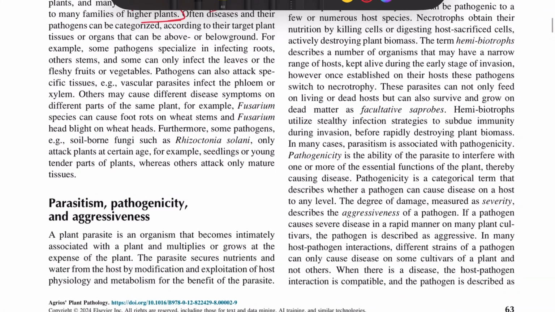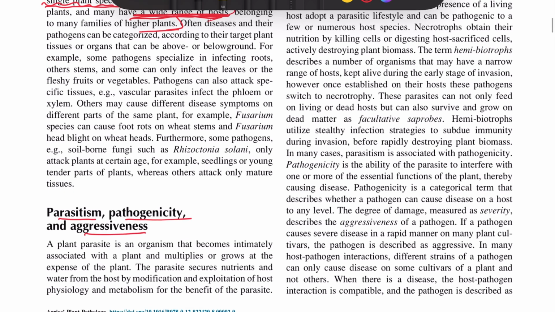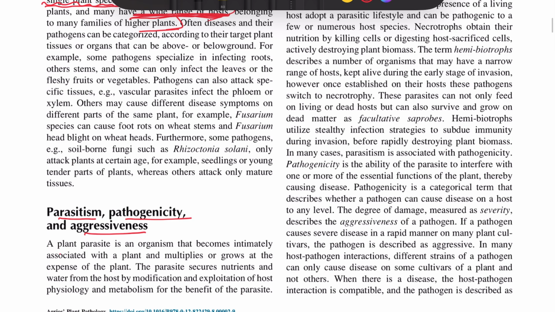we have three terms here: parasitism, pathogenicity, and aggressiveness. Let's see what it's saying. A plant parasite is an organism that becomes intimately associated with a plant and multiplies or grows at the expense of the plant.